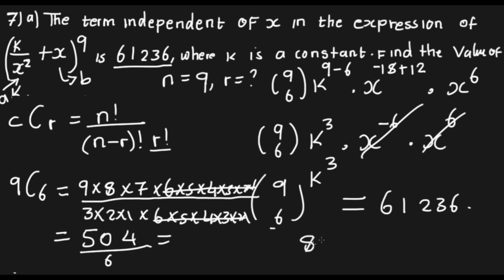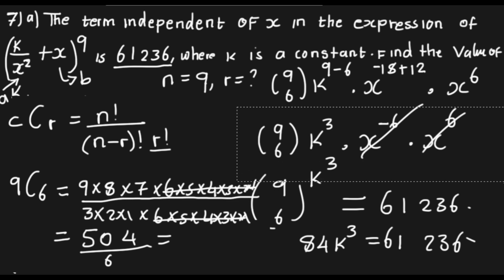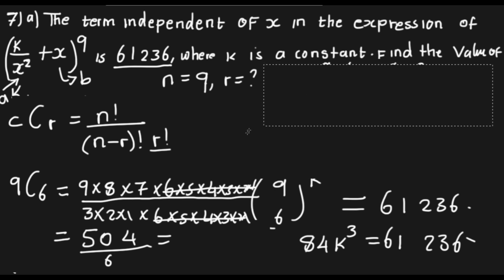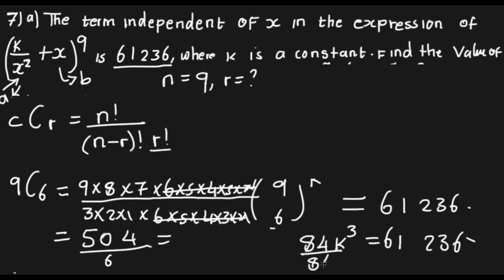Which simply means that here I'm going to have 84 times k raised to the power 3 is equal to 61,236. Right, so here we are just going to divide by 84 on both sides. So k raised to the power 3 is equal to 61,236 divided by 84.